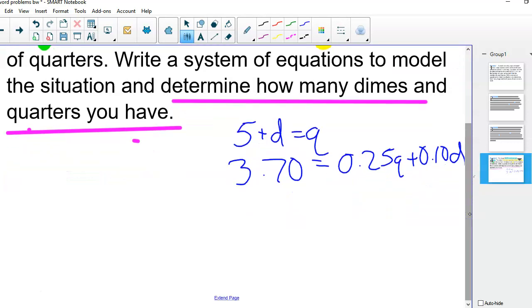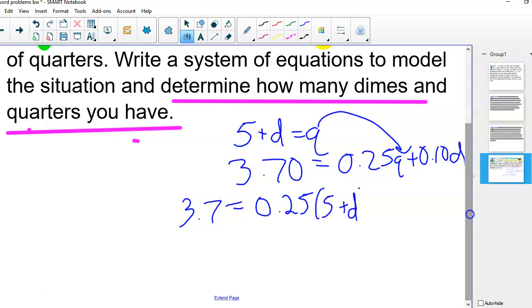Now, do we need to solve one of these variables to get it by itself? No, because Q is already solved by itself. So we're going to put the Q into the 0.25. So 3.7, I'm going to leave off the zeros, equals 0.25 times (5 plus D), plus 0.10D.